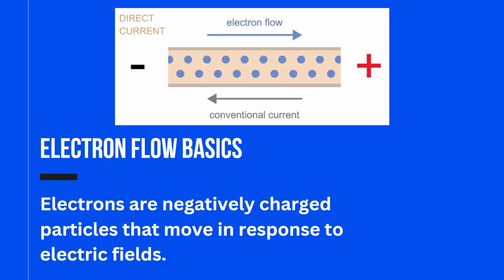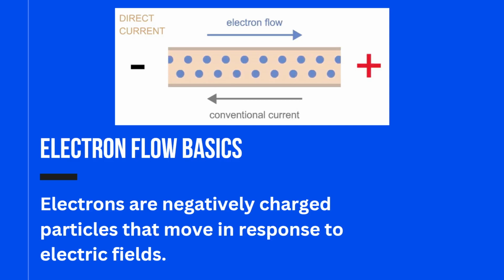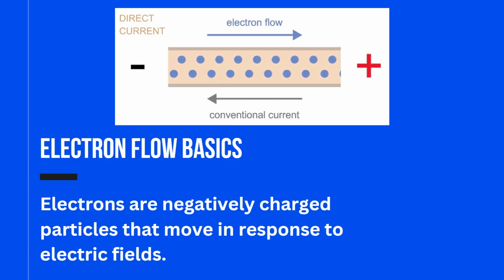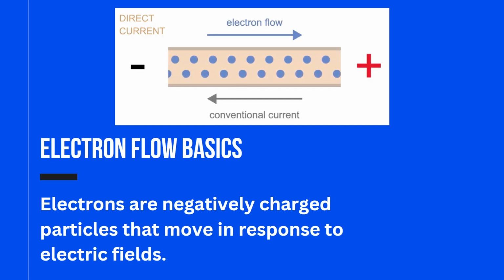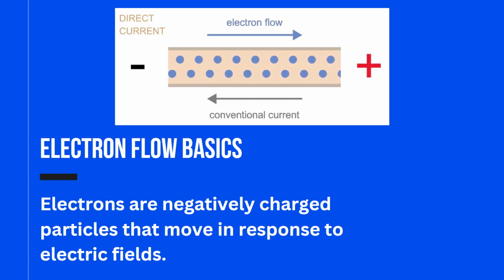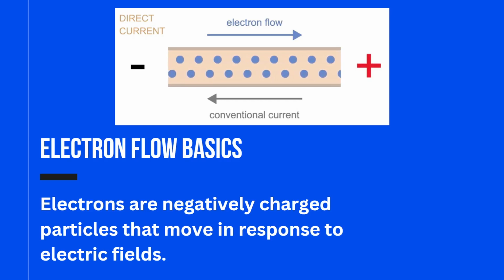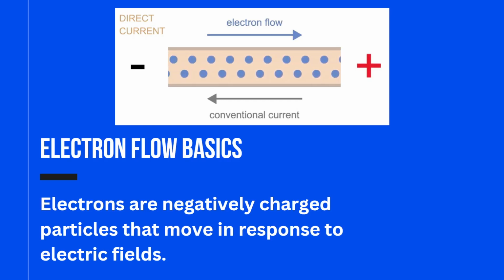So the electrons move freely through conductor materials, according to the electric fields. In insulators, the electrons are mostly bound to atoms, so it is very hard for them to move freely in the material.